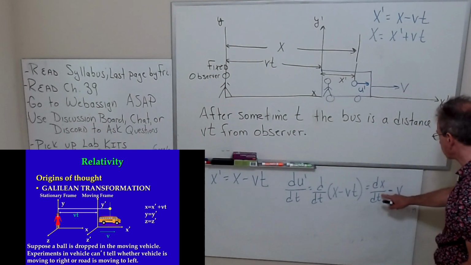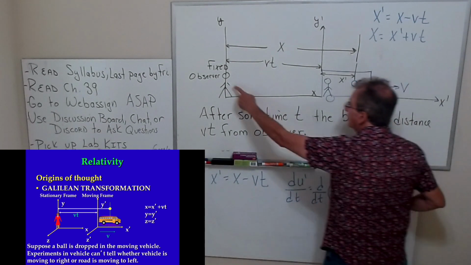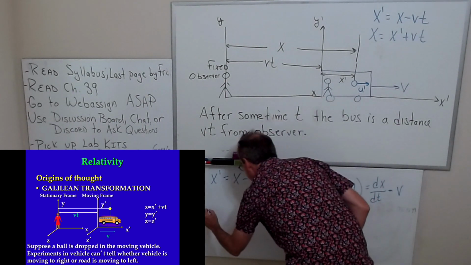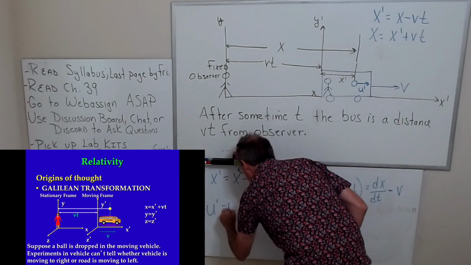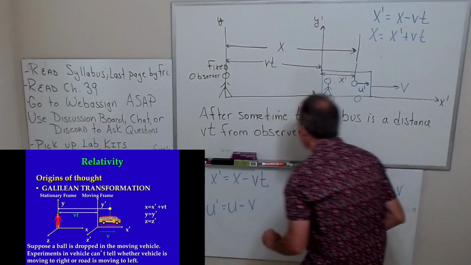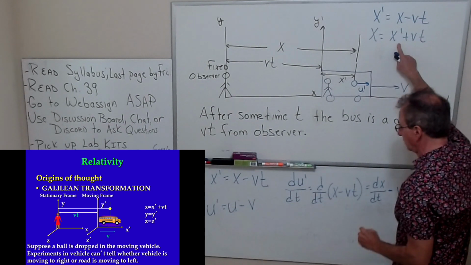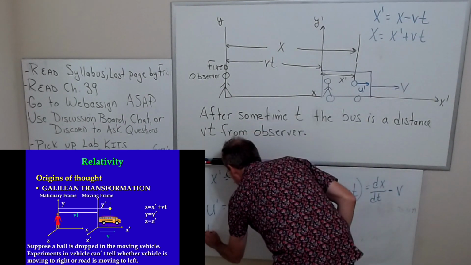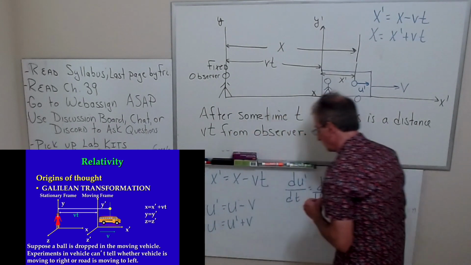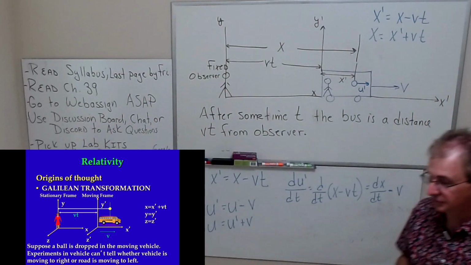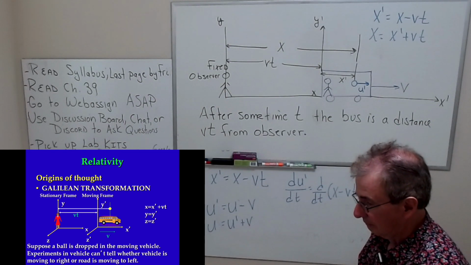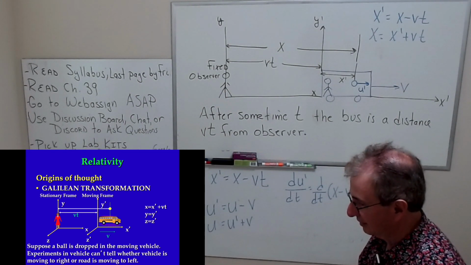So I'm going to call this the speed of the object that this person measures, and I'm going to call it u. Furthermore, if I take the derivative of this one, I get u equals u prime plus v. Does that make sense?